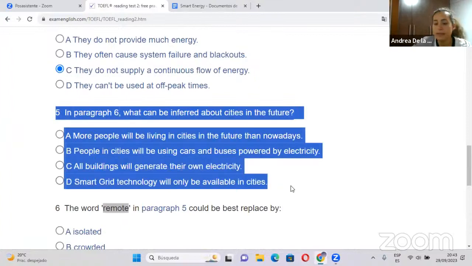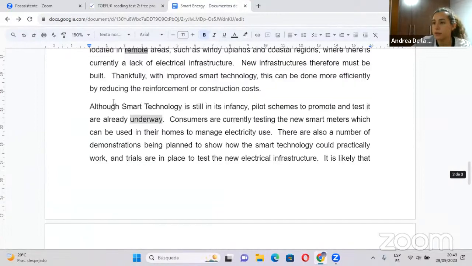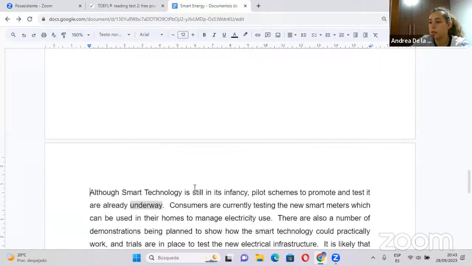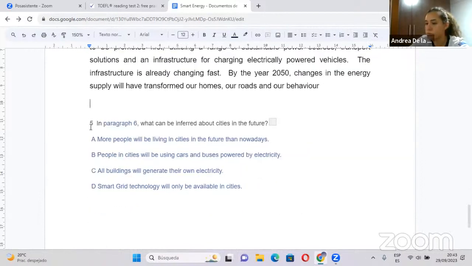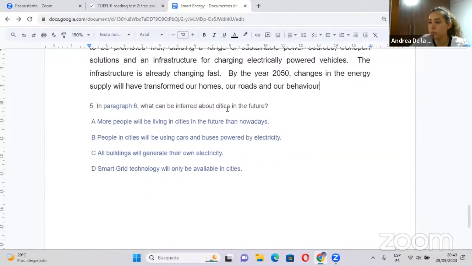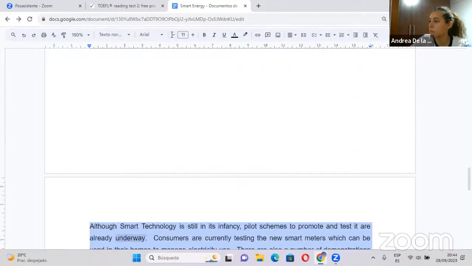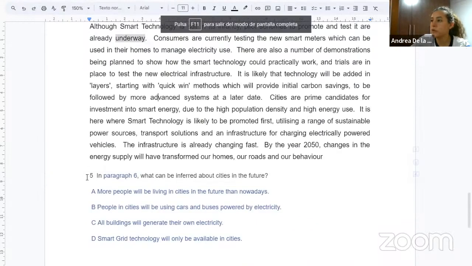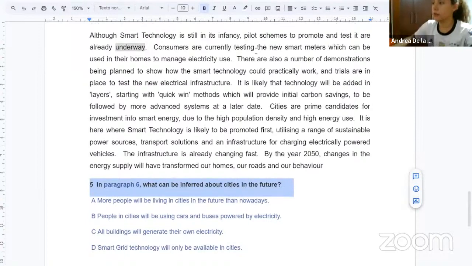Now question 5 is about paragraph 6. Question 5 says, in paragraph 6, what can be inferred about cities in the future? Okay, guys? So tell me what you think.